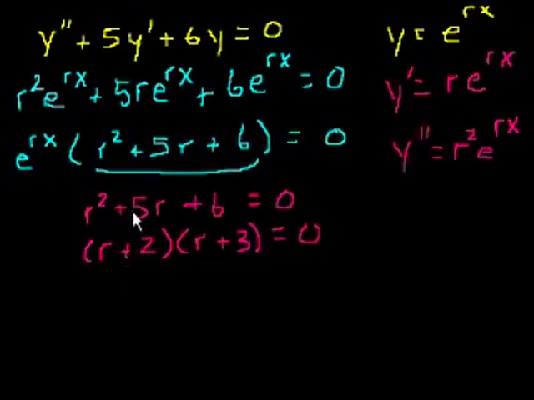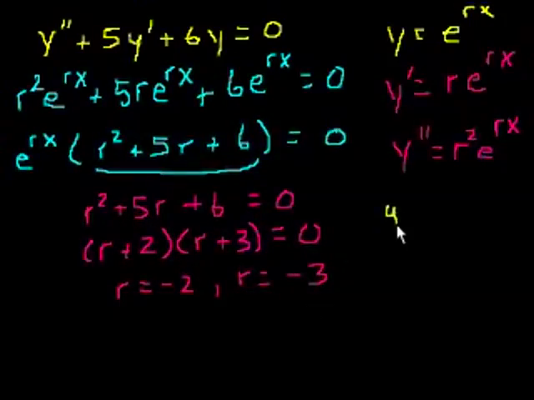And so the solutions of the characteristic equation, or actually the solutions to this original equation, are r is equal to -2 and r is equal to -3. So you say, hey, we found two solutions, because we found two suitable r's that make this differential equation true. And what are those?